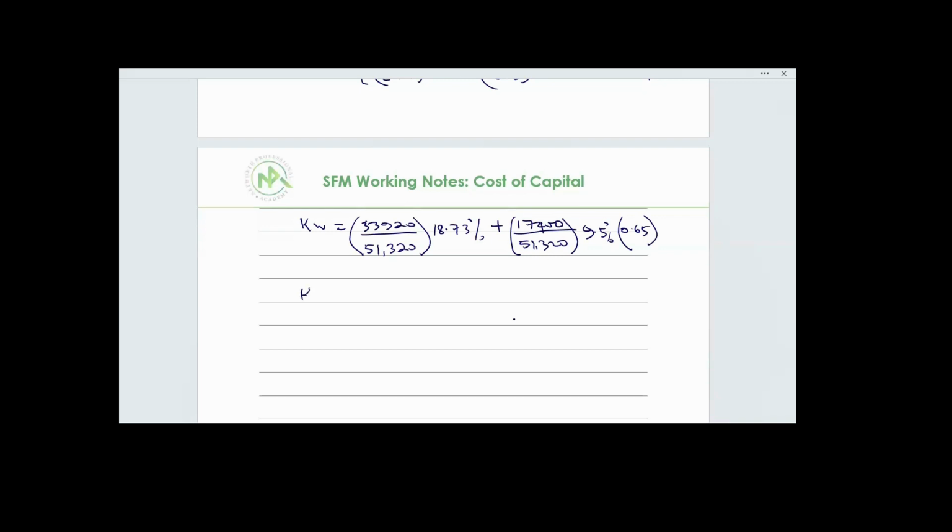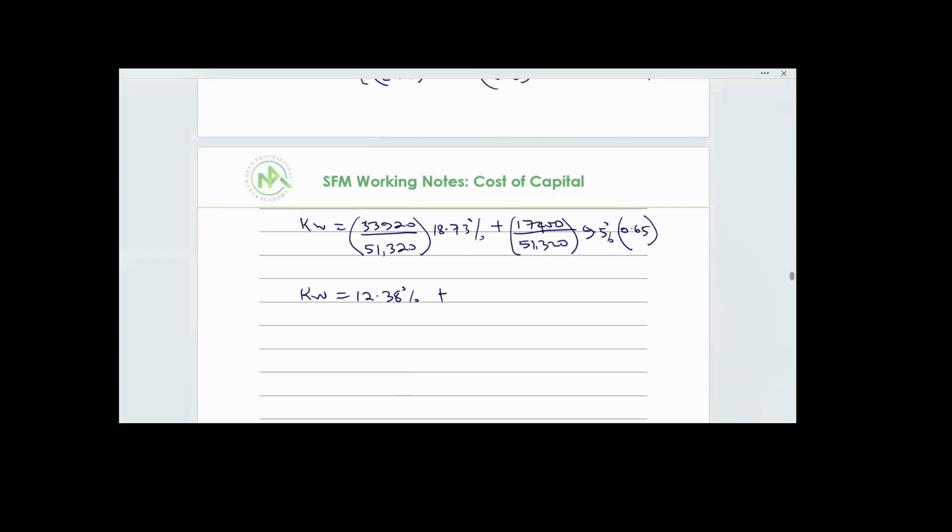Therefore, KW equals... I'll bring up my calculator. So 33,920 divided by 51,320, multiplied by 18.73. That's 12.38%.